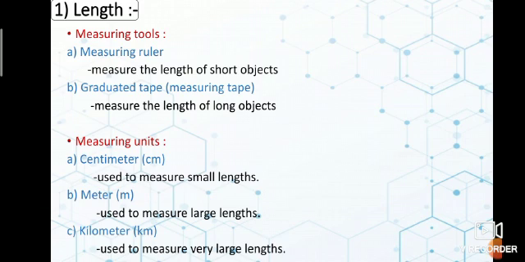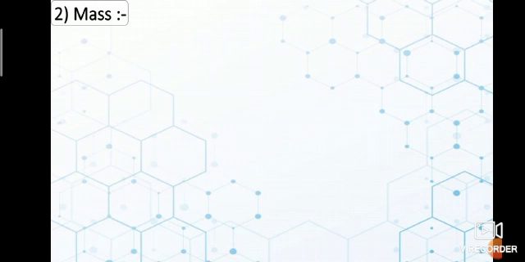We also have to know that each 1 kilometer is equal to 1000 meters, while each 1 meter is equal to 100 centimeters.